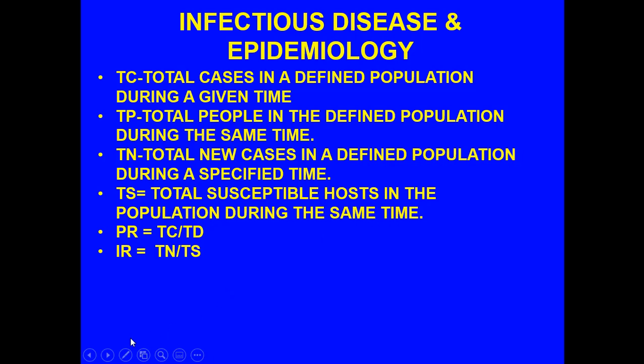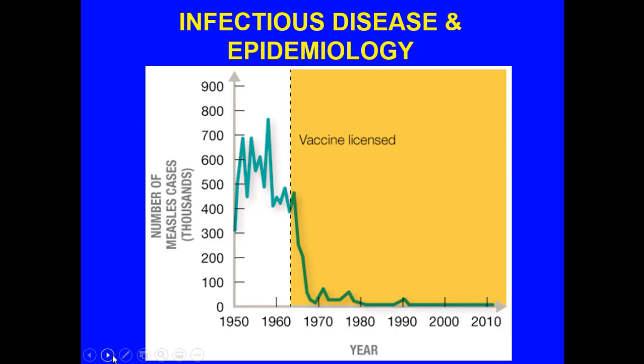Why is this so important? Some diseases you will see dramatically crash in their numbers after something happens, a new treatment or a vaccine. On this chart, you have the number of measles cases per thousands. But look at how the wiggly line hits where you see the dotted line, and that's where the vaccine was licensed.